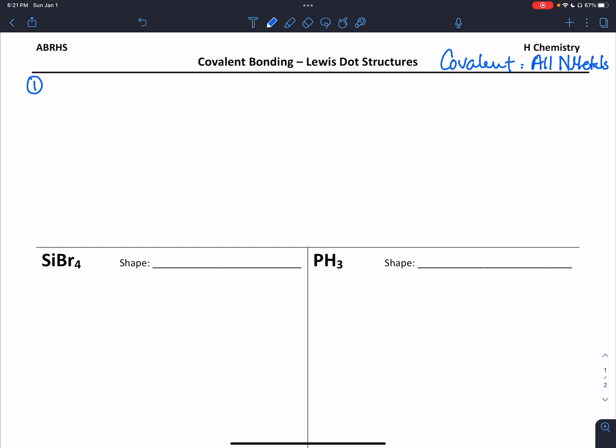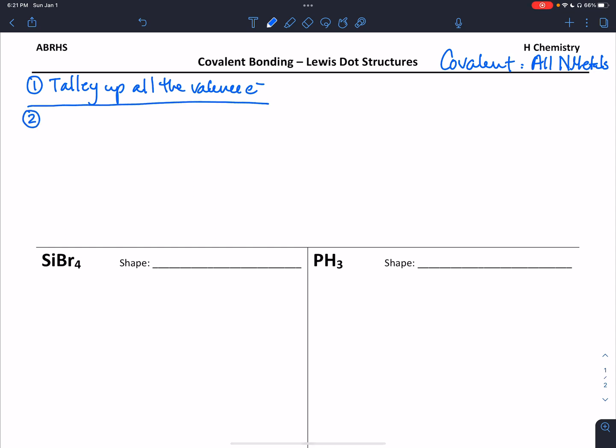So we don't worry about the electrons inside of that valence shell, only those electrons on the outermost valence shell. So I'm going to tally up all the valence electrons, and tally just means add up. And I do that by looking at the location of each element on the periodic table and using that group number to determine how many valence electrons we have.